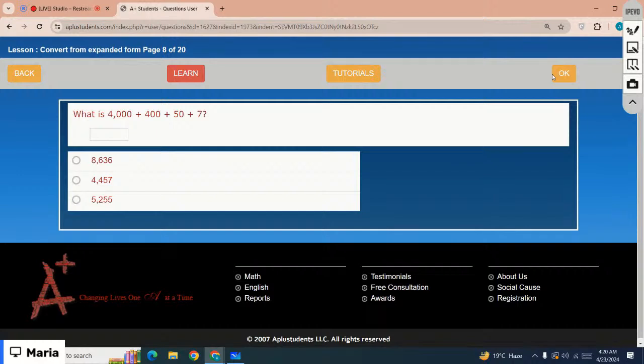What is 4000 plus 400 plus 50 plus 7, which is the correct option? That is the second option.